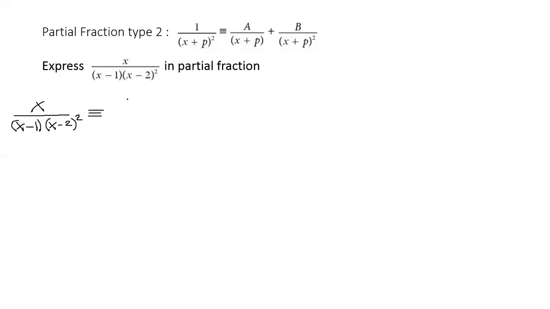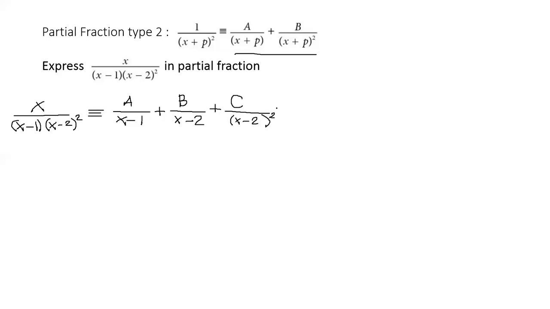Pay attention. There are 3 terms: a over (x minus 1), afterwards plus b over (x minus 2), according to this rule, plus c over (x minus 2) squared.